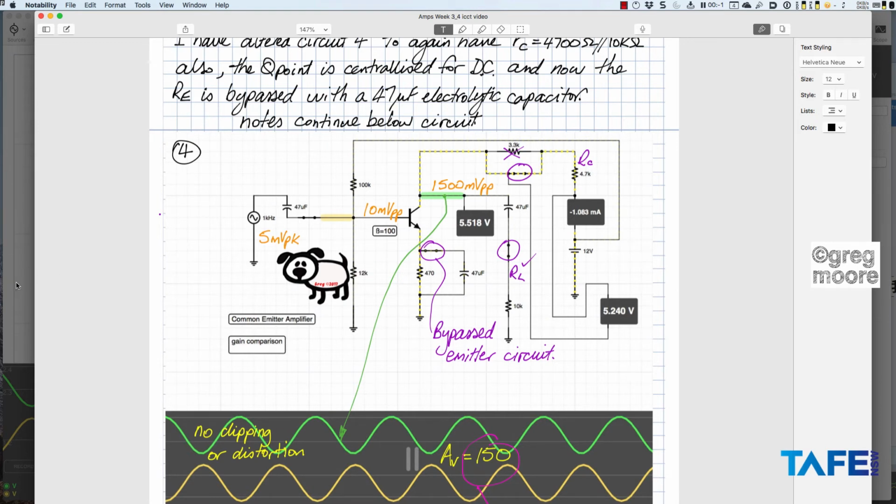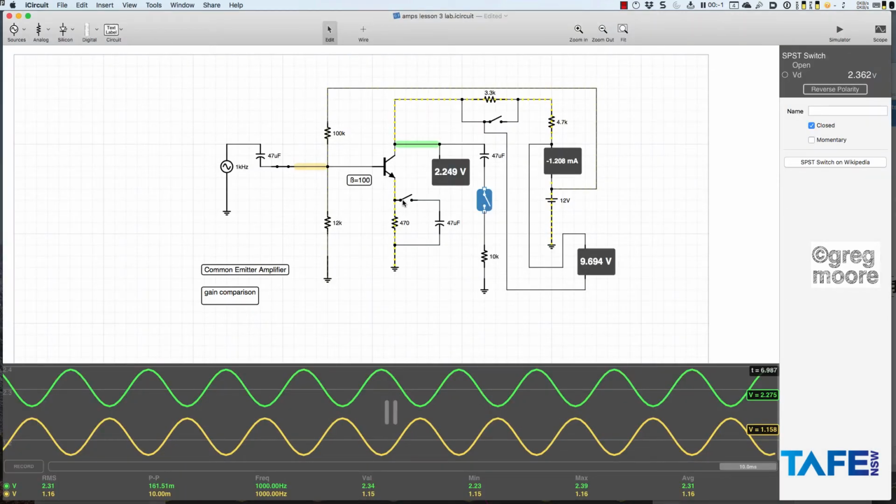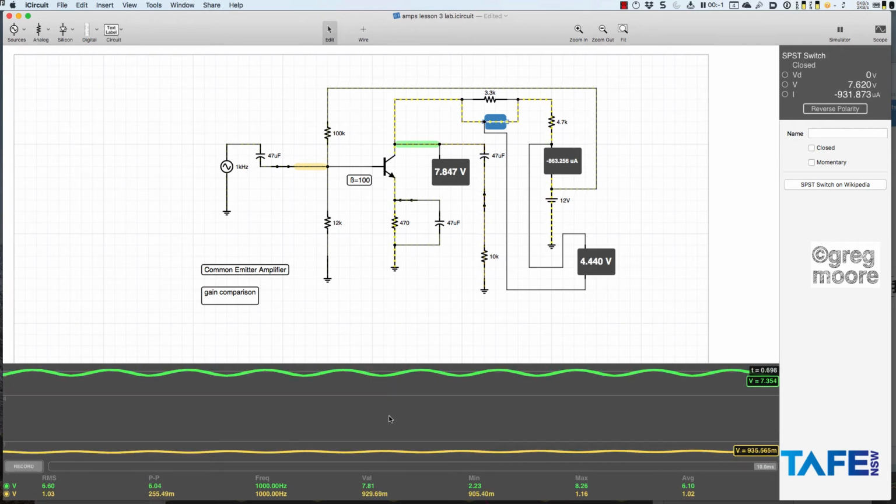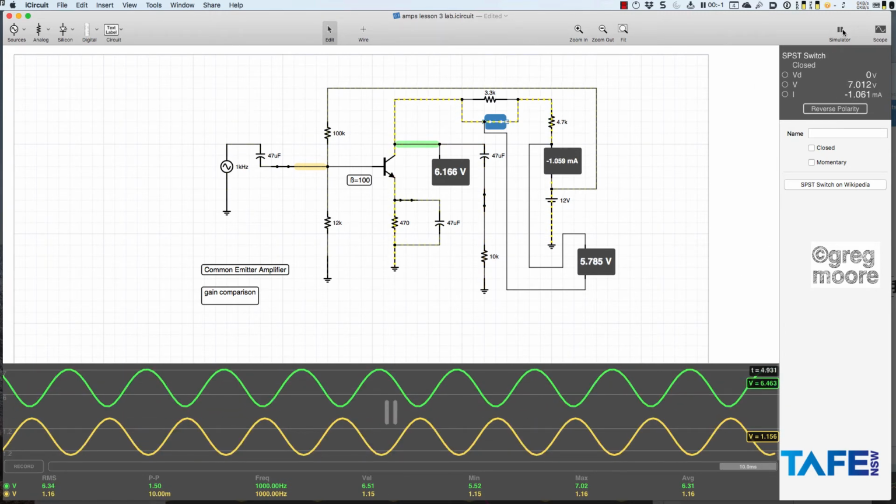Before I go on to the next one though, let's have a look at that. I've got to close that. And I think I had that closed, yes, and I had that closed, and yes, we've got 4.7K, everything's good. Okay, simulate it. There it is, and I'll just pause that. Again, look, why did it stop at 6.9 volts?